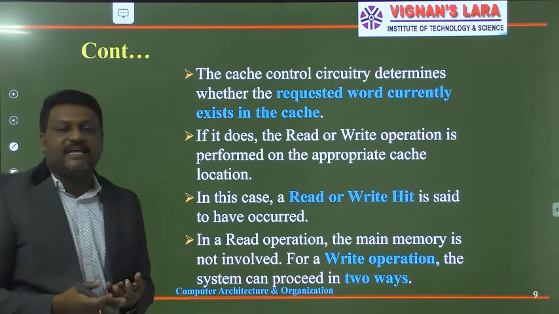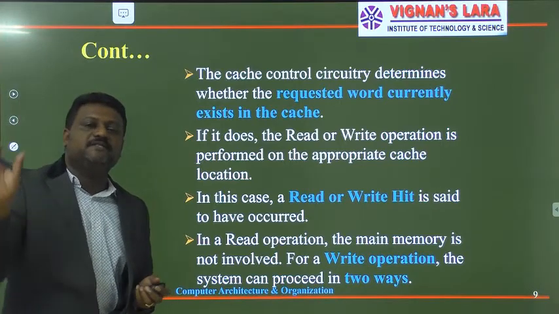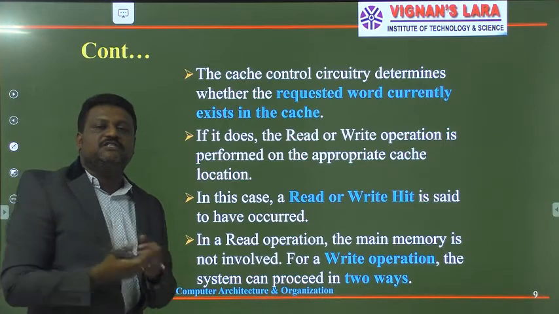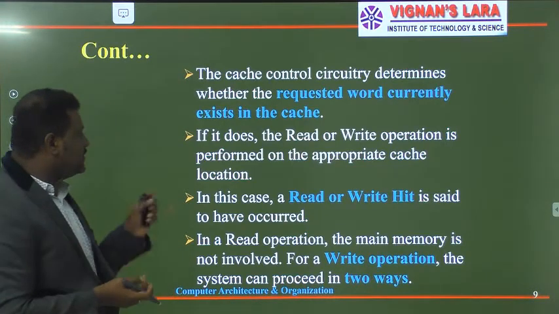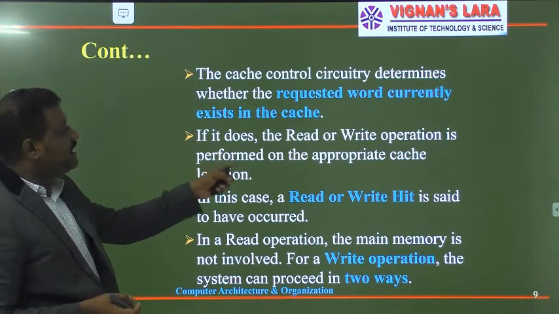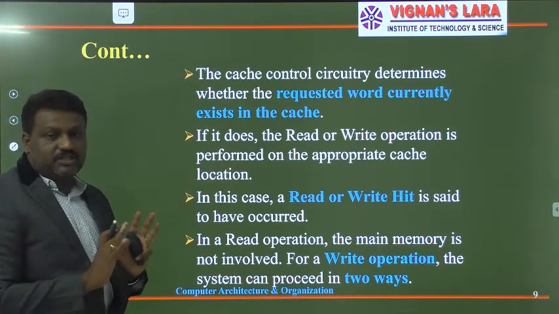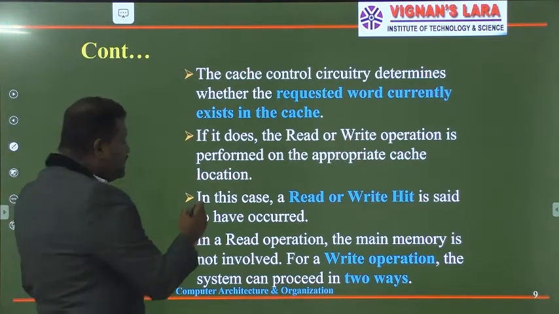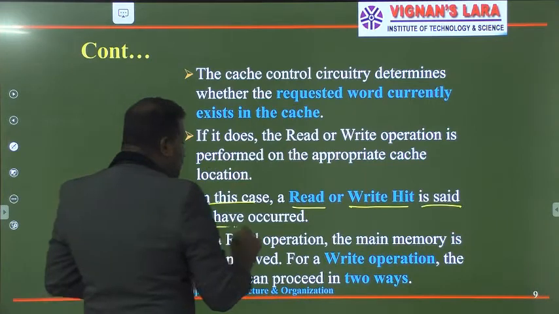If it is not there in the cache, then it has to bring the block in which the word is present. That block is first transferred to cache memory from main memory. If it does exist, the read or write operation is performed on the appropriate cache location. Absolutely right. Next, in this case, a read or write hit is said to have occurred.